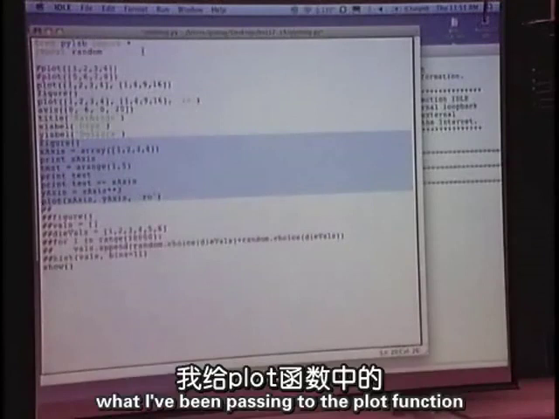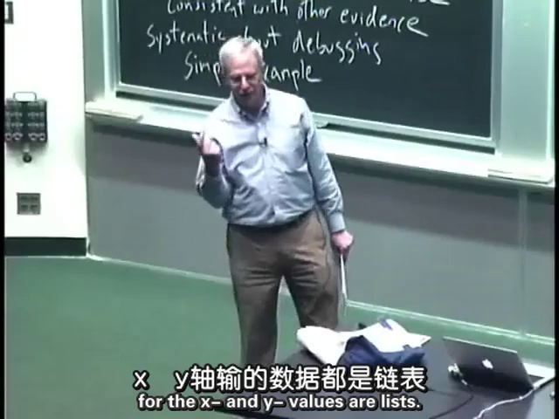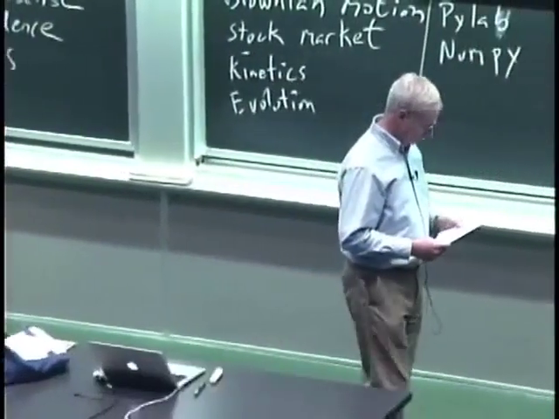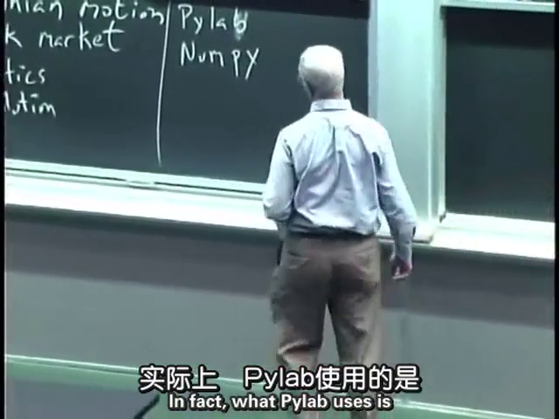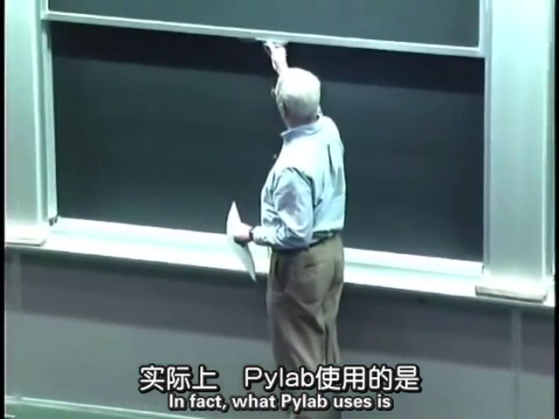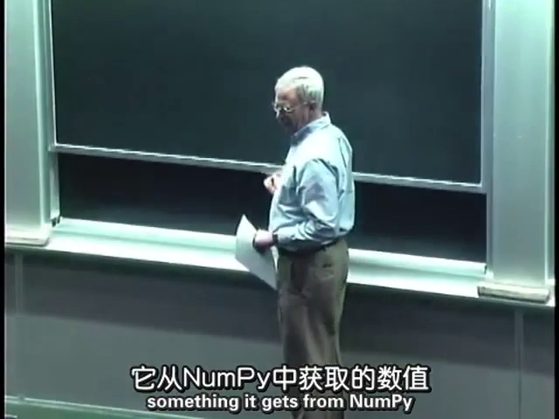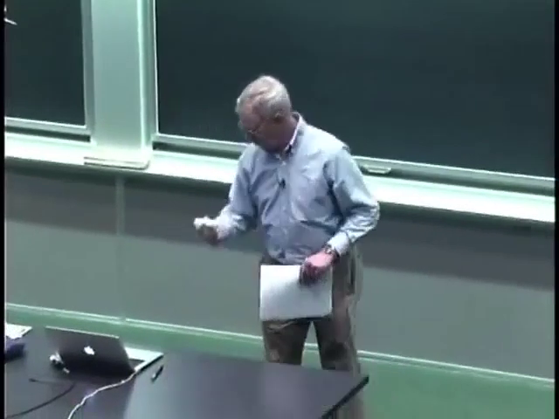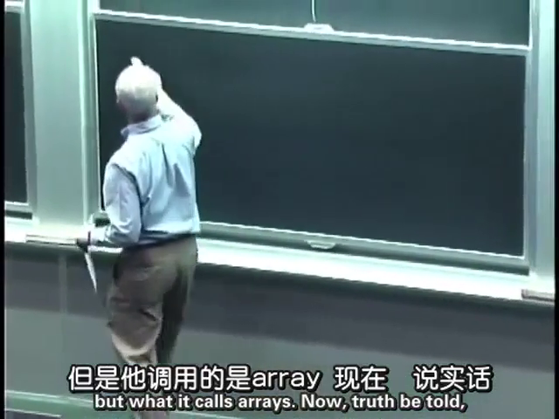So far, what I've been passing to the plot function for the x and y values are lists. In fact, what Pylab uses is something it gets from NumPy, which are not lists really, but what it calls arrays.